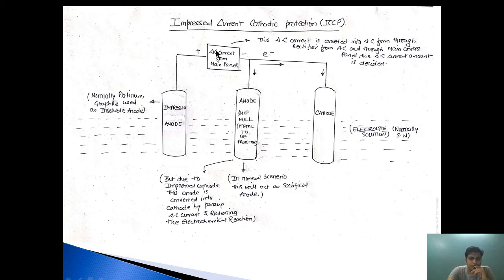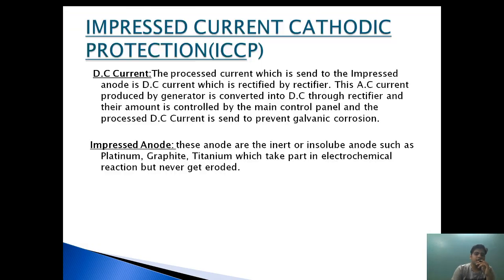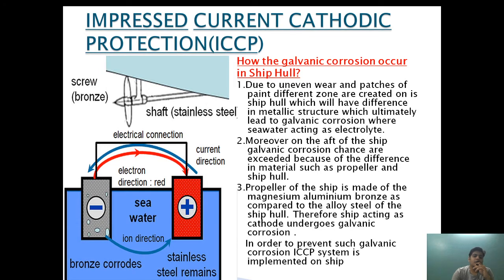Through this main control panel, the DC current is provided to this anode, such that the hull will act as a cathode and will prevent the hull corrosion. So in a simple way, we are reversing the electrochemical galvanic corrosion reaction.